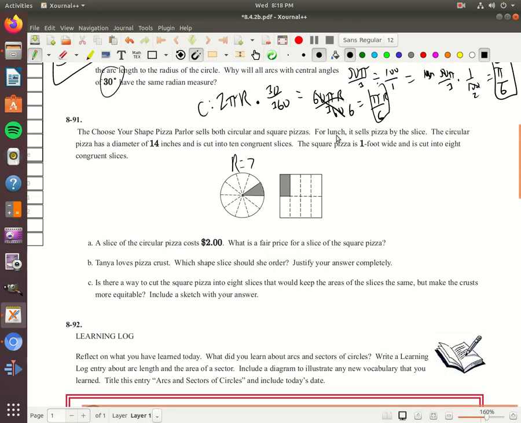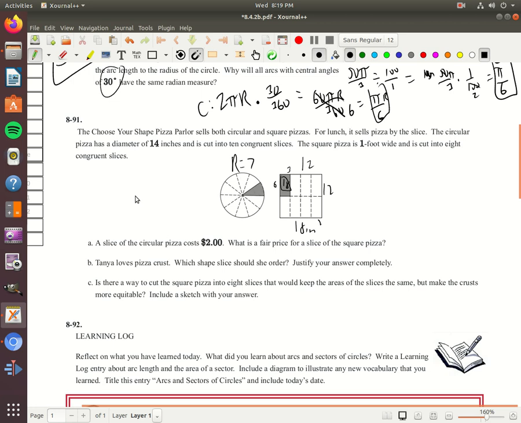We have this radius of 7, and we have a 1 foot by 1 foot square. So this is 12 inches by 12 inches, right? Obviously, cut into 8 slices. So the slice of a circular pizza costs $2. What is a fair price for a slice of a square pizza? Well, we need to kind of compare here. So this is going to be 3, 6, 9, 12. This is 3 by 6, so this is 18 square inches, right? Well, what is this one?